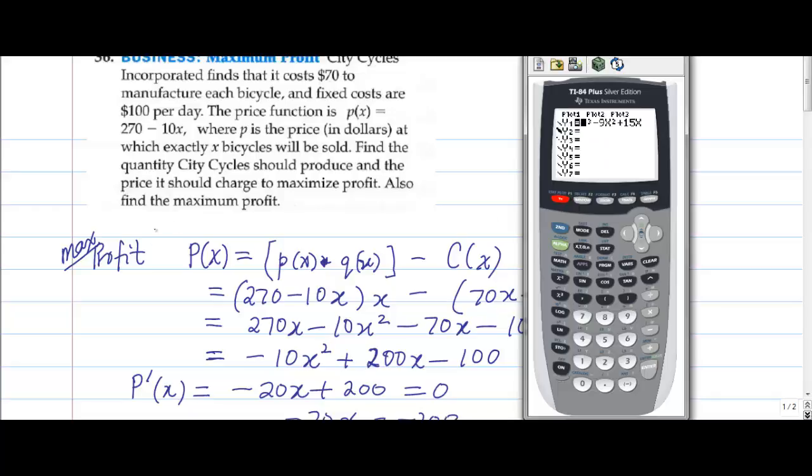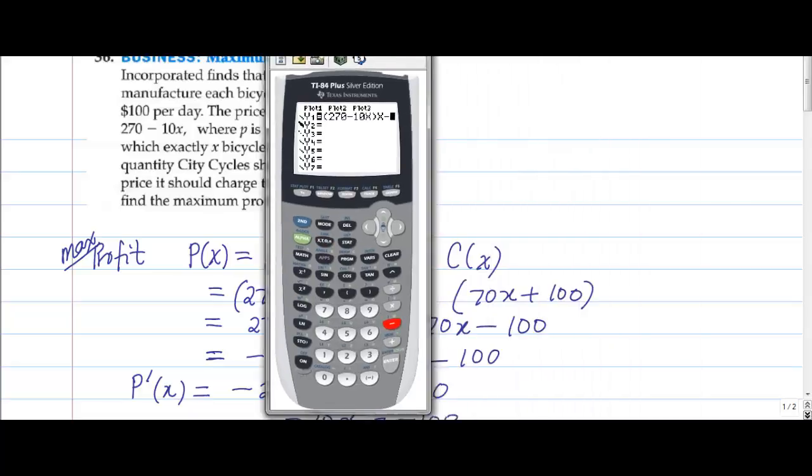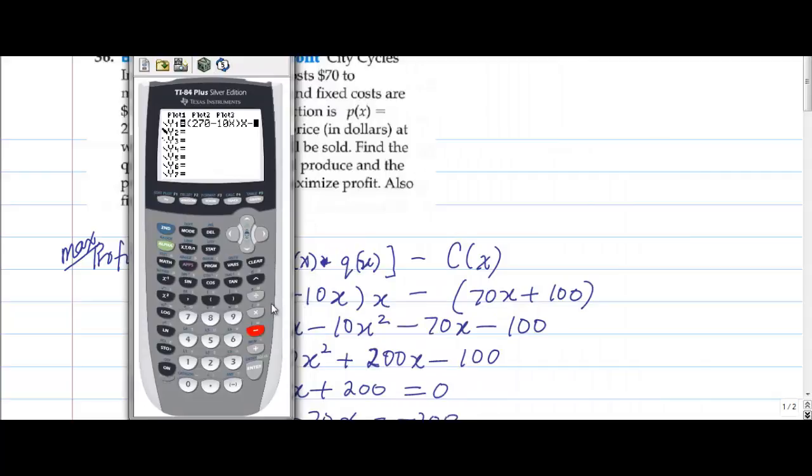So y equals, so let's go ahead and do this. 270 minus 10x times x minus 70x minus 100.